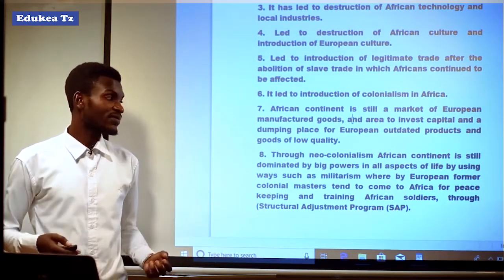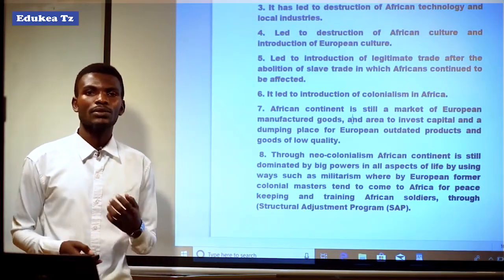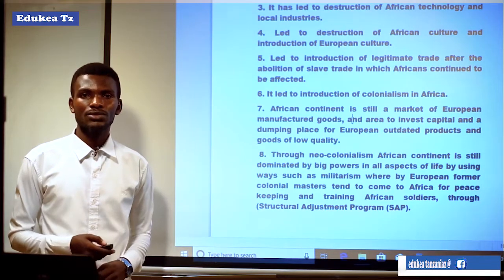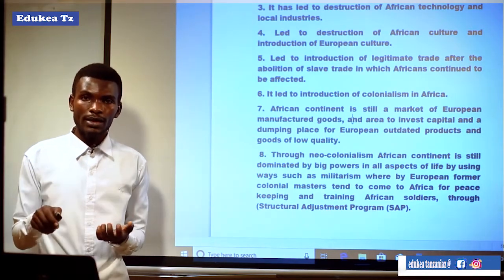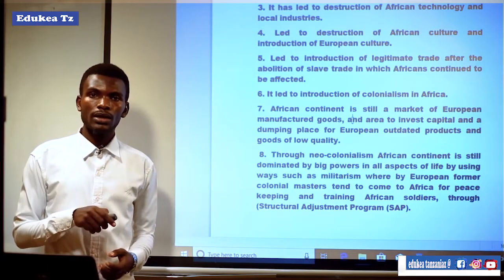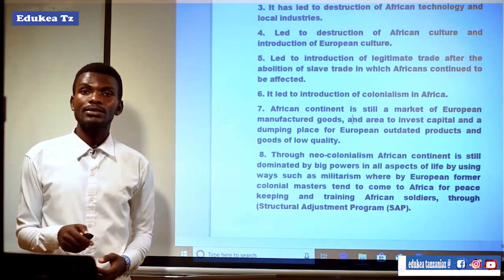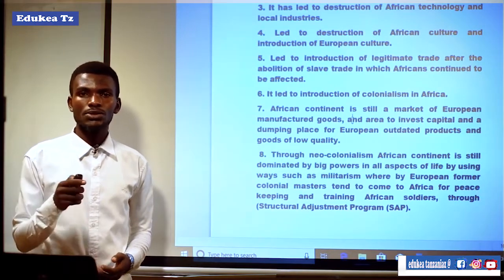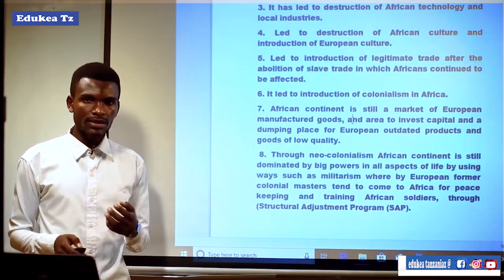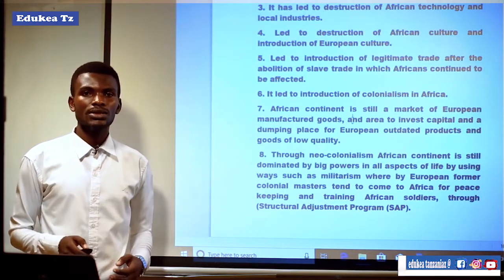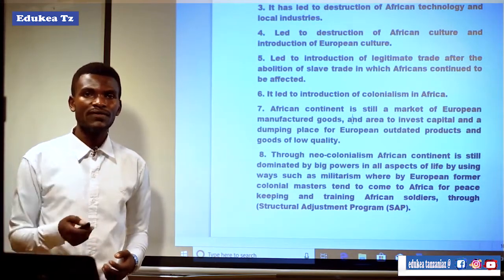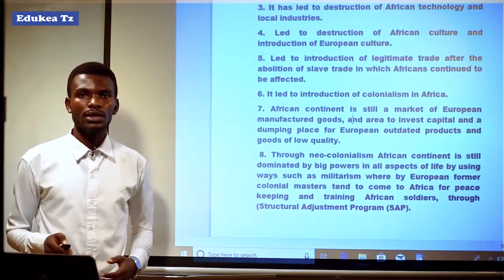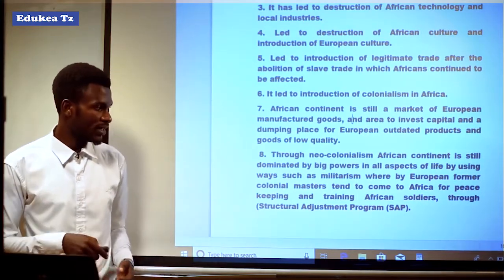We can experience various conflicts which are still taking place in many African countries, but behind the curtain there is the support of European powers, who use that chance to exploit and take out the natural resources of Africans in order to keep Africans underdeveloped and make themselves prosper and develop in all aspects of life.